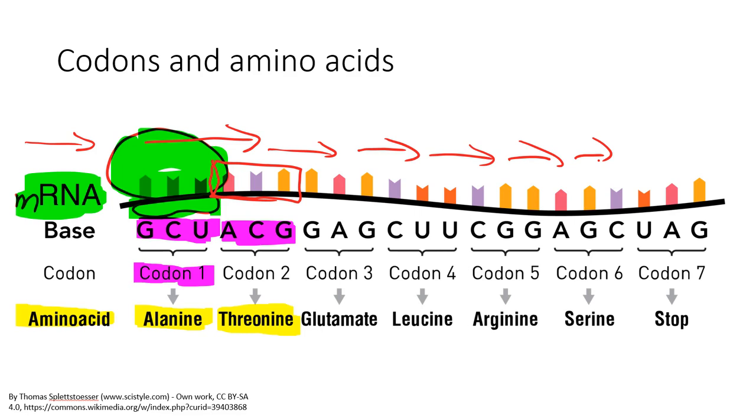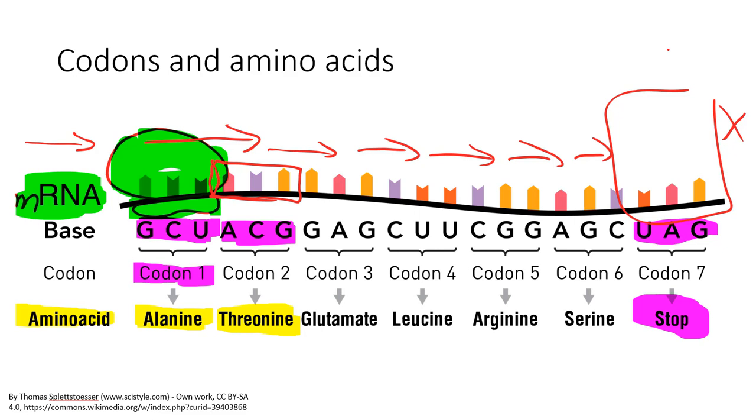And this will go on and on, all the way 3 by 3, codon by codon, until the end where it meets this kind of codon, which is known to be a stop codon. What it means is that after this codon right here, everything stops. This is the last bus stop. The ribosome goes on and on, sometimes for hundreds and hundreds of codons.